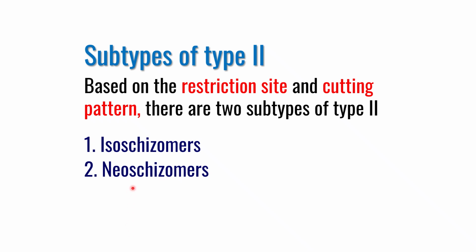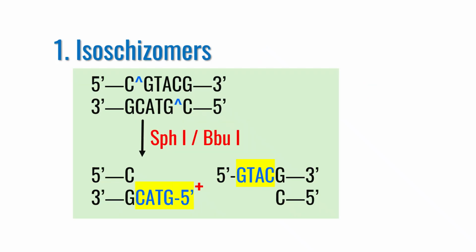Based on the restriction site and cutting pattern, there are two subtypes of type 2 restriction endonucleases. First one is isoschizomers, second is neoschizomers. So let us discuss isoschizomers. Iso means same, schizomers means fragment or cutting pattern. There are 2 points which are similar, there are 2 points which are different.